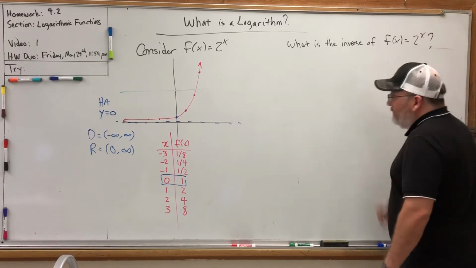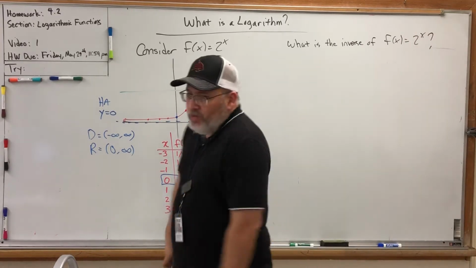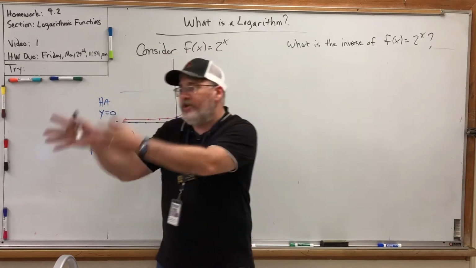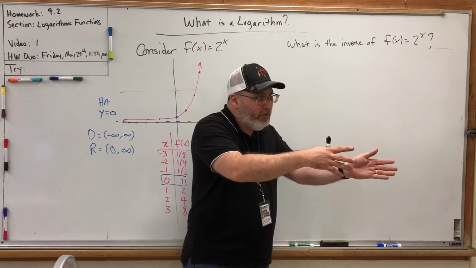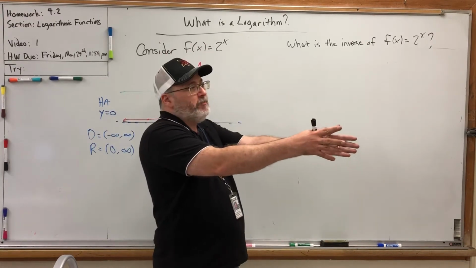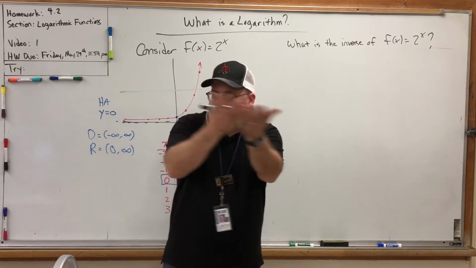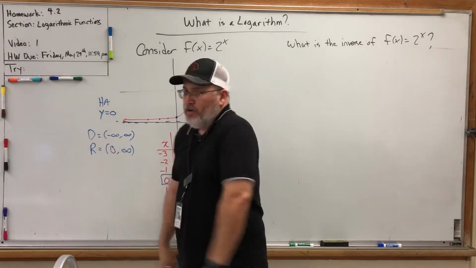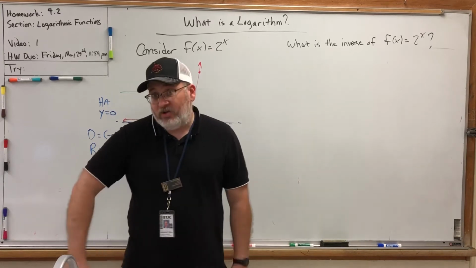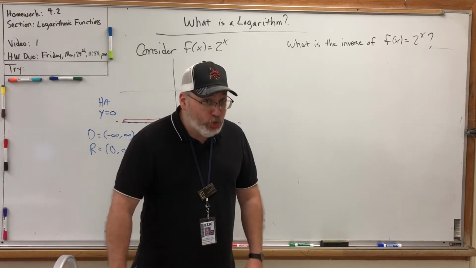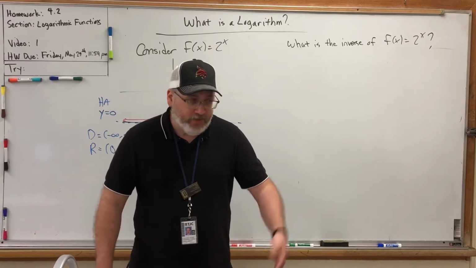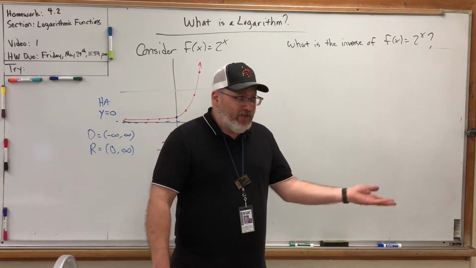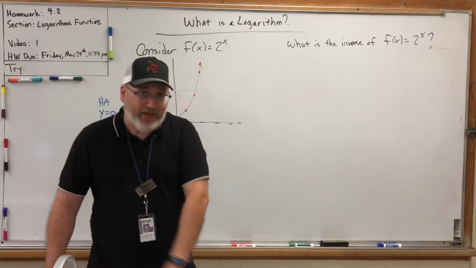Or remember how an inverse function works. When you have a function that turns one number into another number, then the inverse function is supposed to take the second number and turn it back into the first number. For example, if I have a function that multiplies things by 2, so it doubles things, then to do the inverse, I would have to divide things by 2.